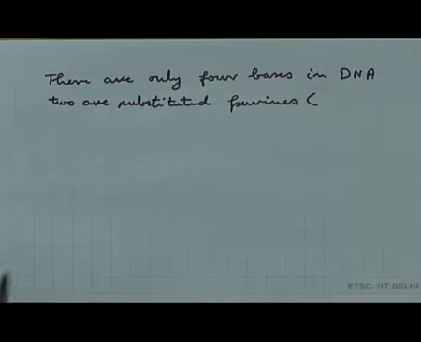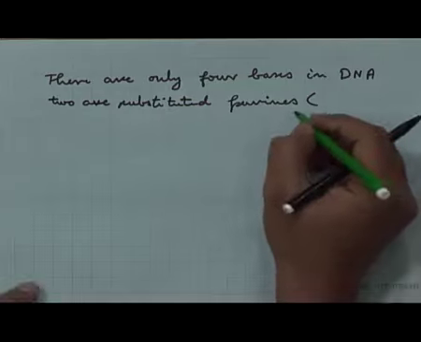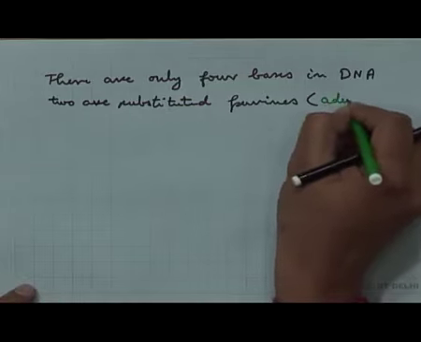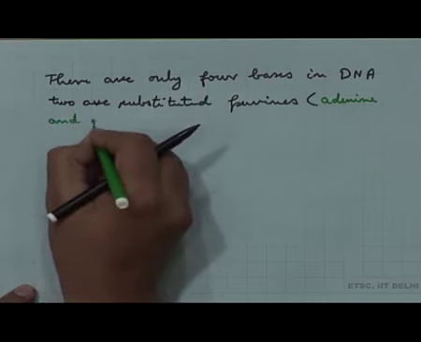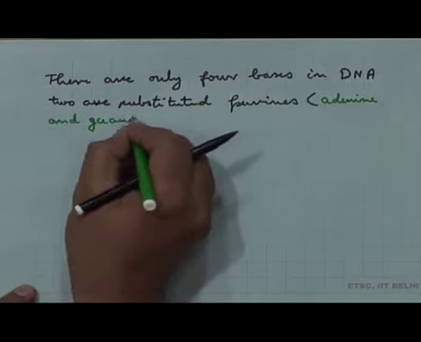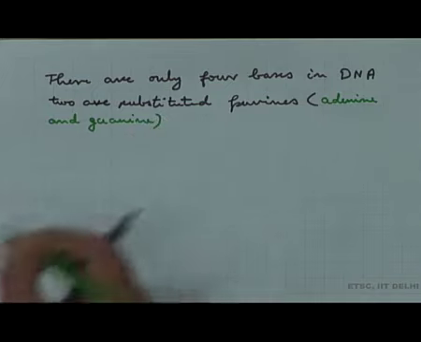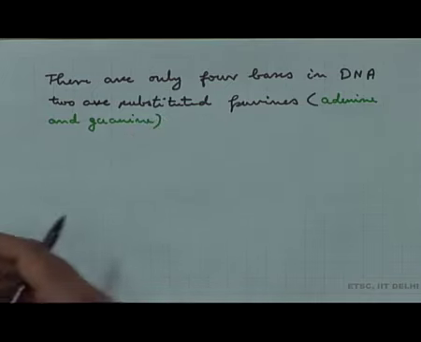What are they? Substituted purines are adenine and guanine, and 2 are substituted pyrimidines.